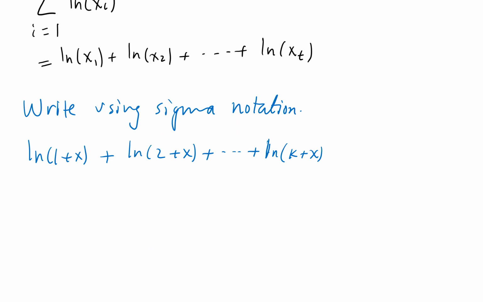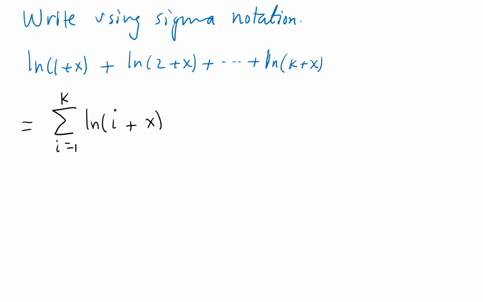So how do you do this? Well, there's many ways to write this out. I see ln in all of them, and I see x in all of them, plus. The number that's changing is 1, 2, 3, all the way up to k. So you can call that i, and say i goes from 1 to k. So this is called sigma notation.